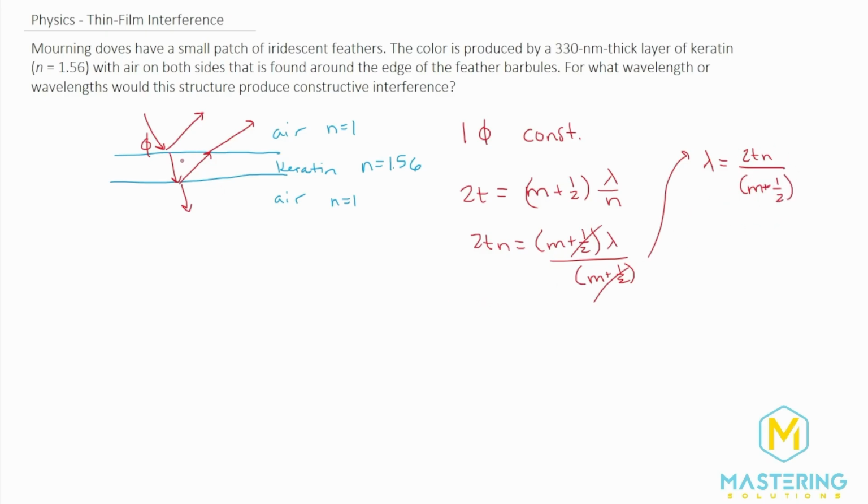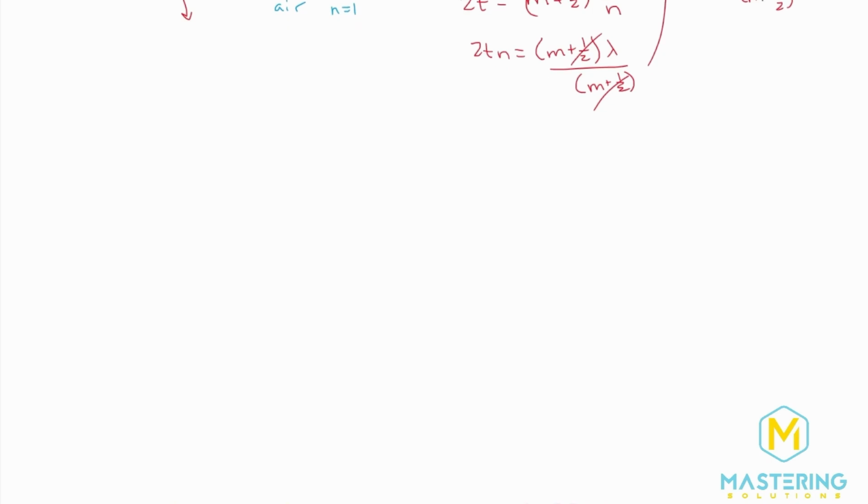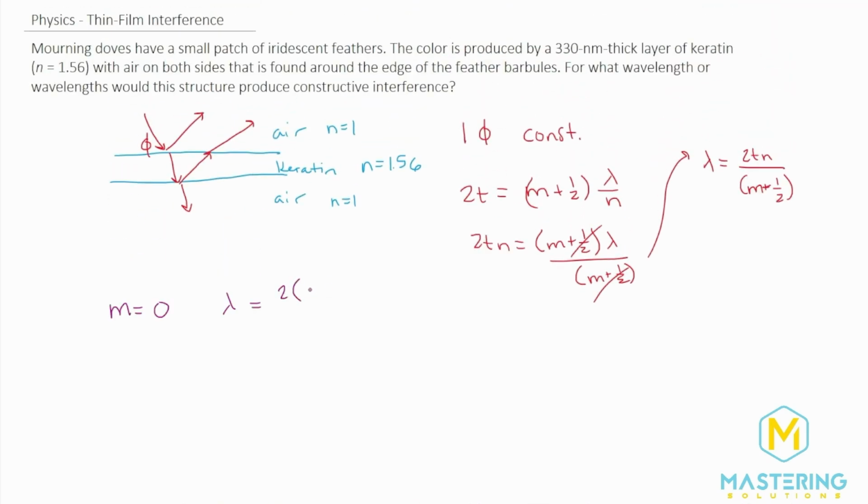Now, they want us to figure out what wavelengths are going to be produced for this constructive interference. And we don't know what m's to use, so let's just go through and do several of them. There's quite a few that you could do. And so for m of 0, we'll have lambda is equal to 2 times t, the thickness, they tell us is 330 nanometers, times the n, and in this case we said it's 1.56 for the keratin, and all that will be divided by m plus 1/2.